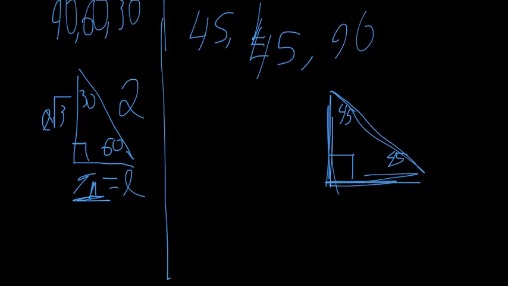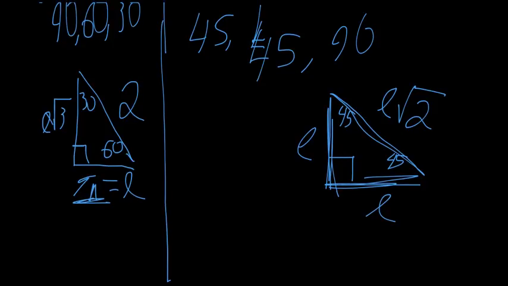And then you would have a base unit, and then this part would be like that. So if this was, per se, 3, that means that your hypotenuse would be 3 times the square root of 2. Alright, I'll show you some examples next.